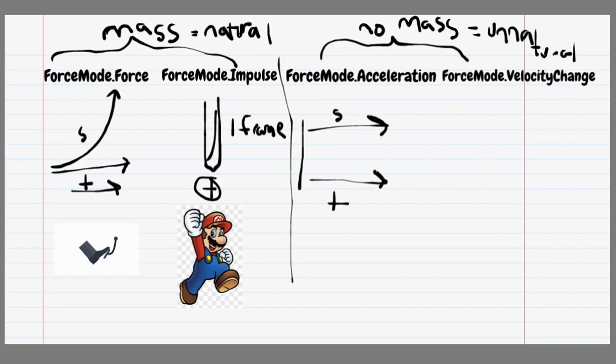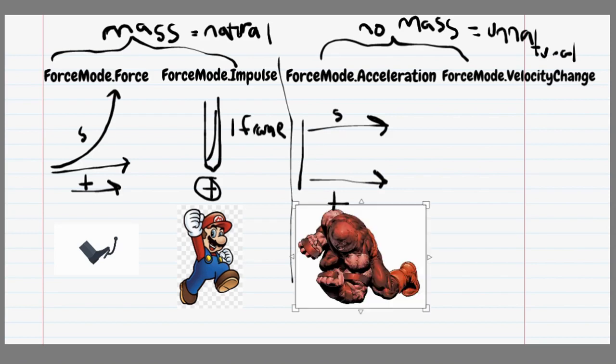I was trying to think of a good way to show that, and this isn't great, but if you know Juggernaut, if he could as soon as he steps, he's at his full speed, and then I guess Superman would probably be a better example. As soon as he starts, there is no build-up, essentially. Of course we know physics would break if that were the case, but it's just in the world of comic books. You start at your full speed as soon as you take your first step. That's what force mode acceleration is.